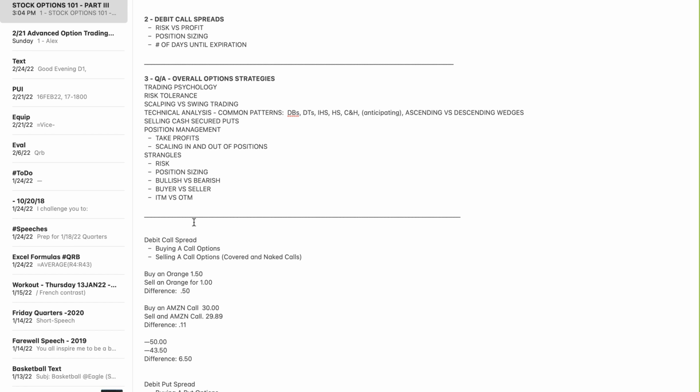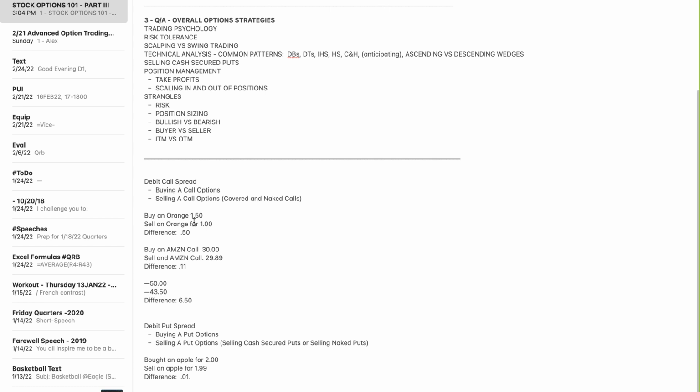So, before we move on from the debit call spreads, as far as what we've discussed so far, do y'all understand some of these basic principles and opportunities that are offered by combining both of these transactions?